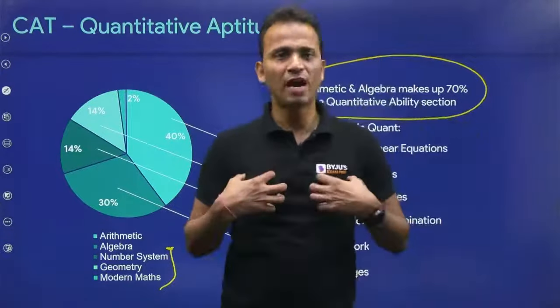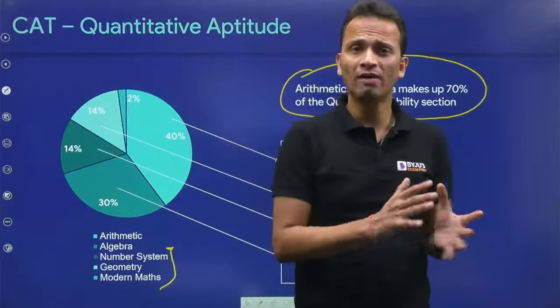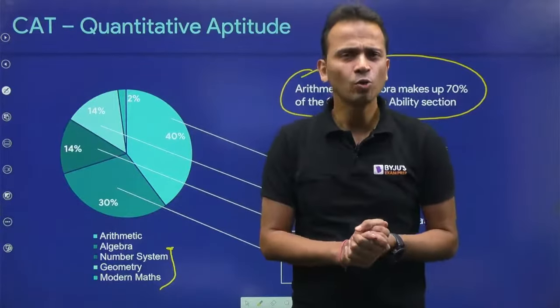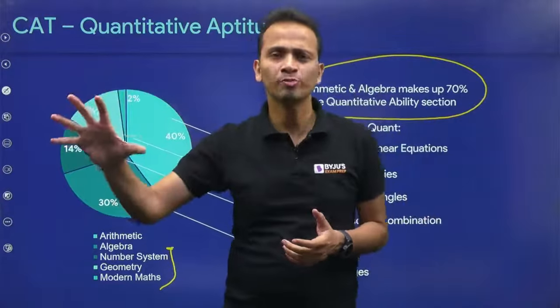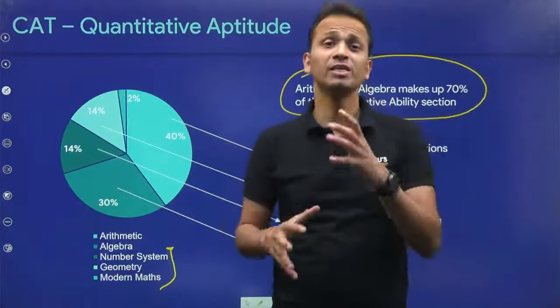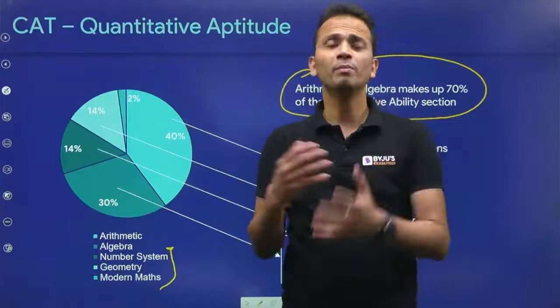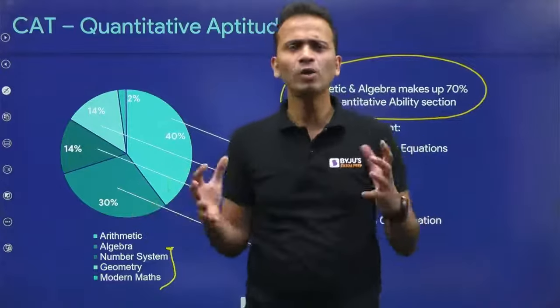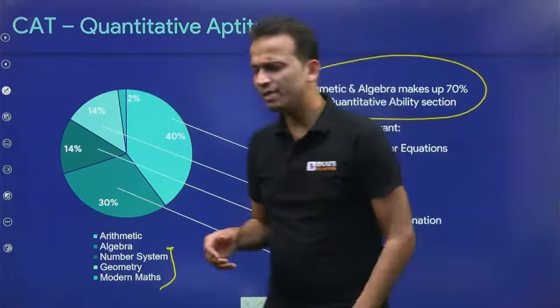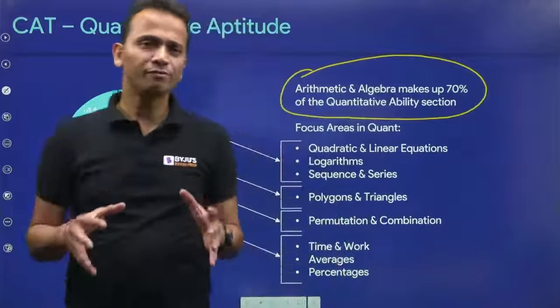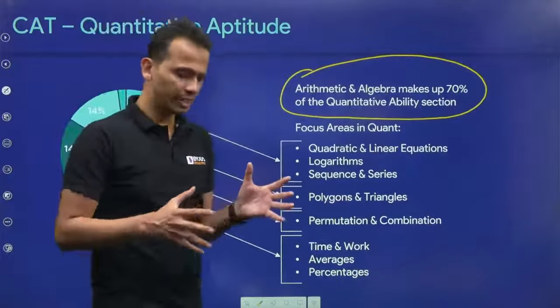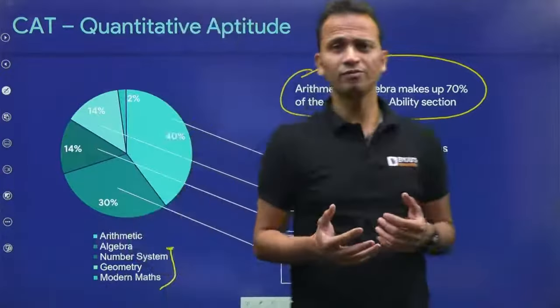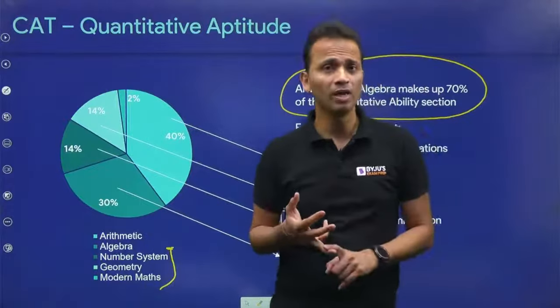Let's say I am an average or below average student, and I don't understand things like geometry or modern maths, set theory, permutation, combination, probability. Or basically I want to minimize my efforts, especially in the QA section, and maximize my efforts for LRDI and verbal RC.